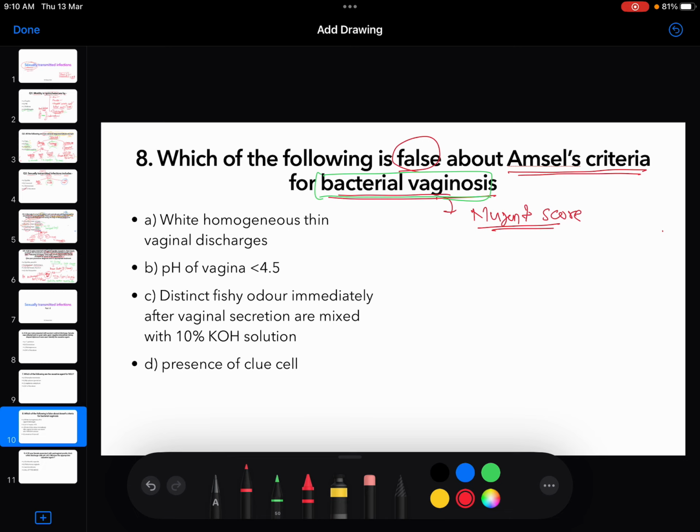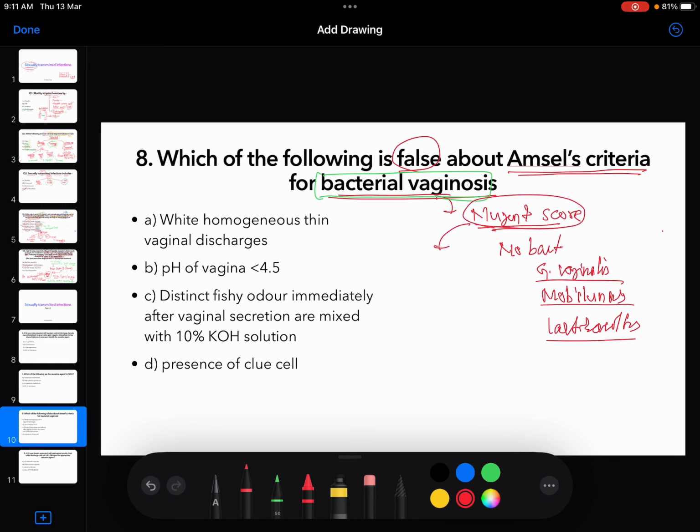By counting the number of bacilli, the number of bacteria, that is the Gardnerella vaginalis, Mobiluncus, and lactobacillus present in the gram stain of the vaginal secretion, and the score. If the score is more than 7, it is diagnostic of bacterial vaginosis.